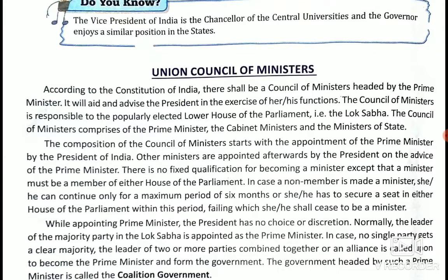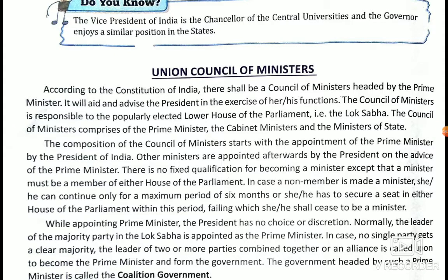Union Council of Ministers. We all know that the Prime Minister along with the Union Council of Ministers runs the government. It will aid and advise the president in the exercise of his or her functions. The Council of Ministers is responsible to the popularly elected lower house of the parliament. Which is the lower house?